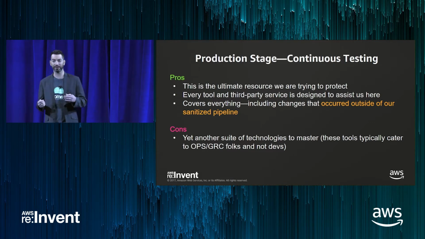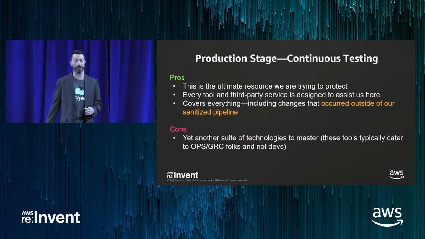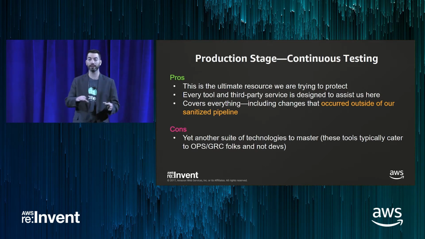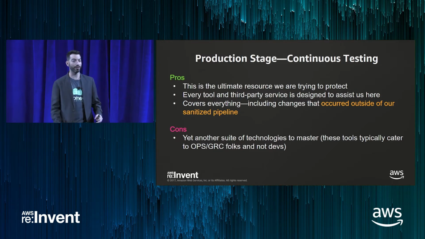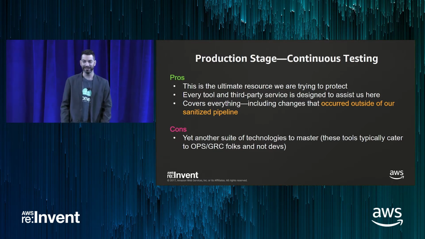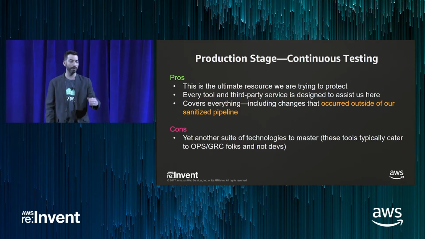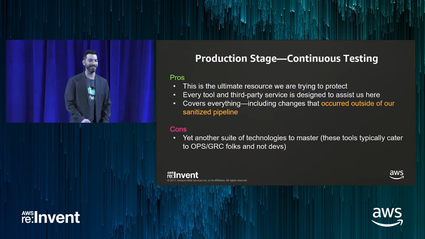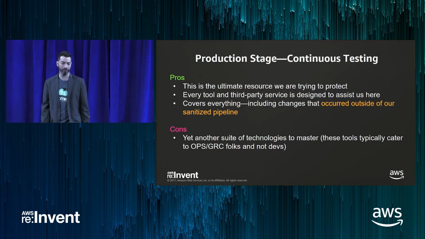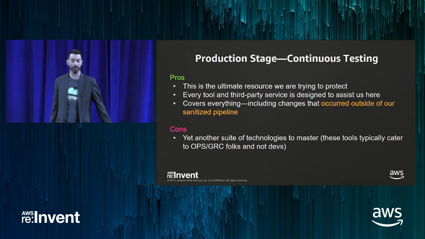We cannot guarantee that every change to production will come from our sanitized pipeline. If someone enters the Amazon console, or someone with a root user, or an API, a DevOps script, that someone by mistake, oh, I didn't mean it to go to production. So this is why we have this extra, different mechanism to guard our production system.